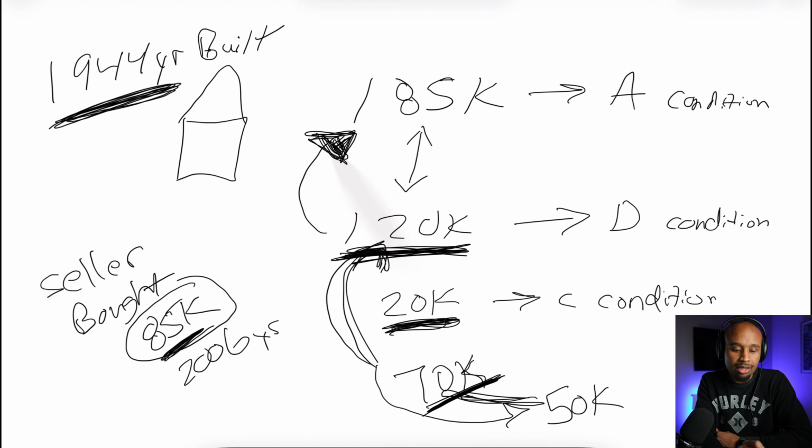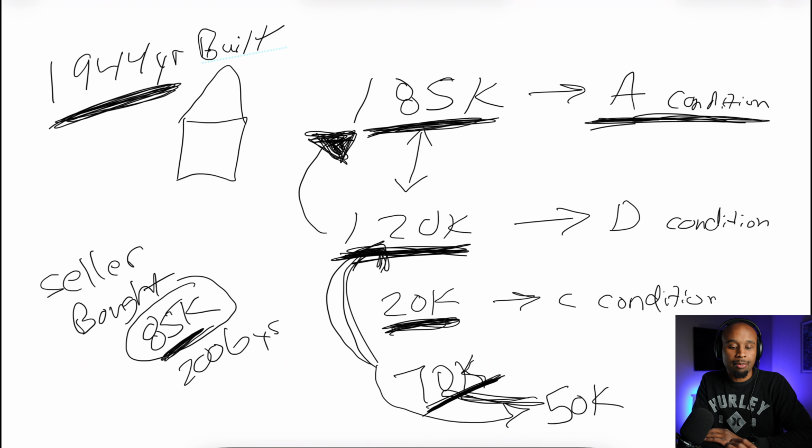The house is really worth, its true value is 185,000. So he was like, why didn't you value it at that price? So this is the price that the house would sell for if it was in tip top shape. And I mean, we're talking A condition. That means that it's livable and it has all new updates.